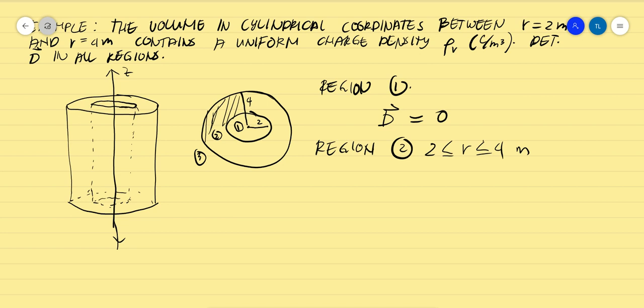If we do this now, we can choose to use the surface area of the larger cylinder, the outside one. To do that, first we need to solve for the enclosed charge. What will be the enclosed charge Q? Remember, given is rho v, which will be equal to Q divided by the volume.